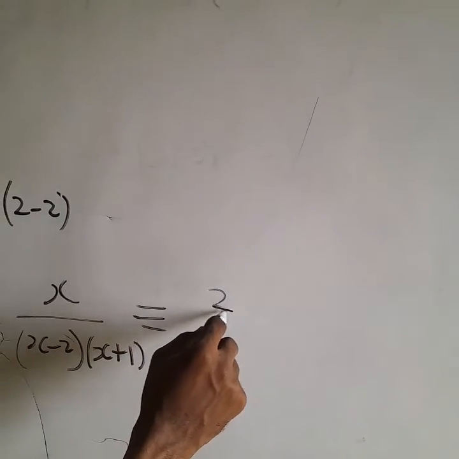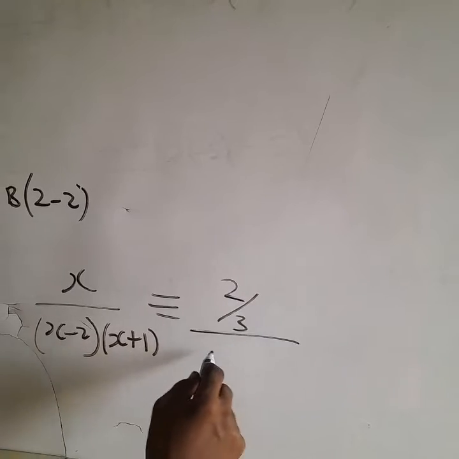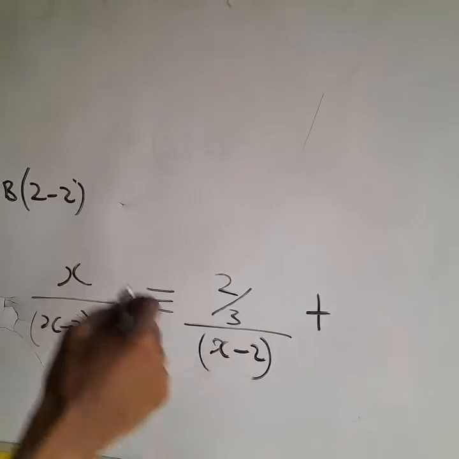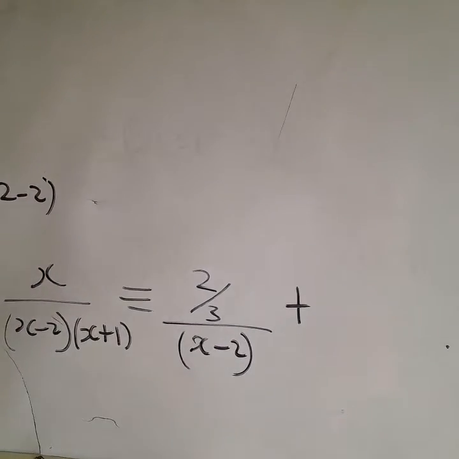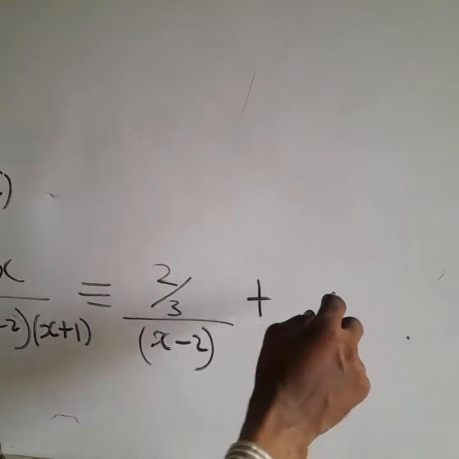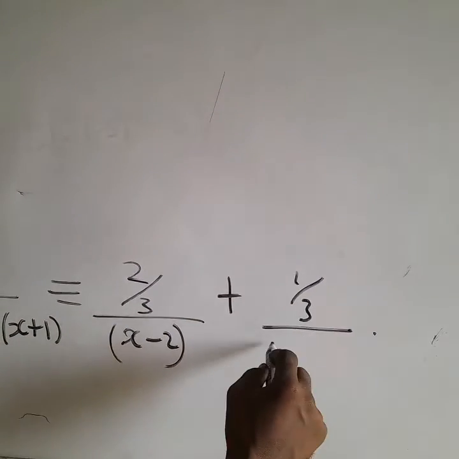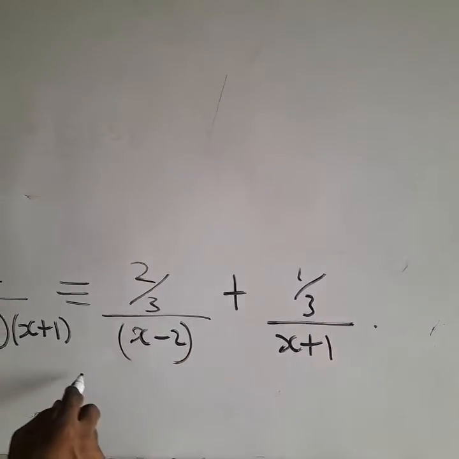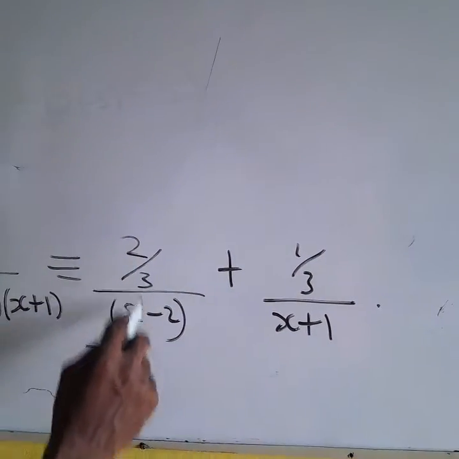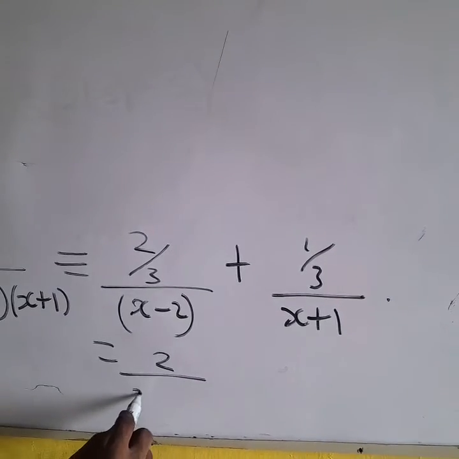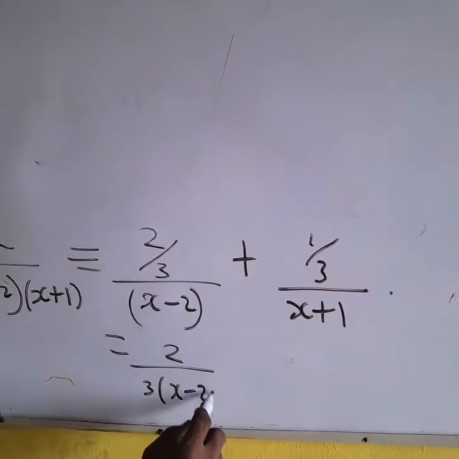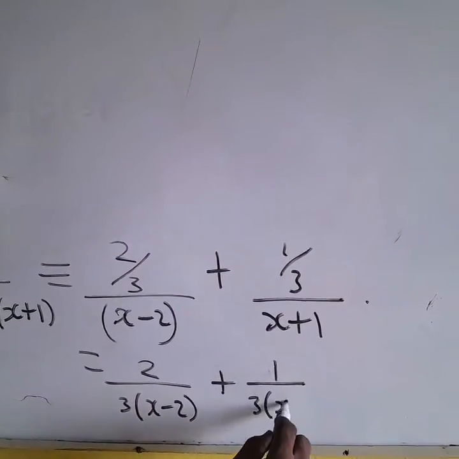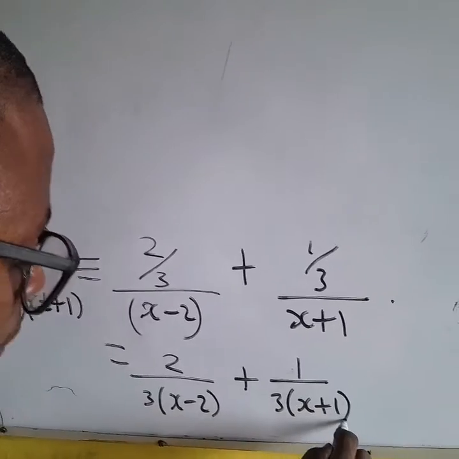You put 2 all over 3, divided by x minus 2, plus, anywhere you see b, what do you put? You put 1 over 3 all over x plus 1. If you further resolve it, you have 2 all over 3 into x minus 2, plus 1 all over 3 into x plus 1.